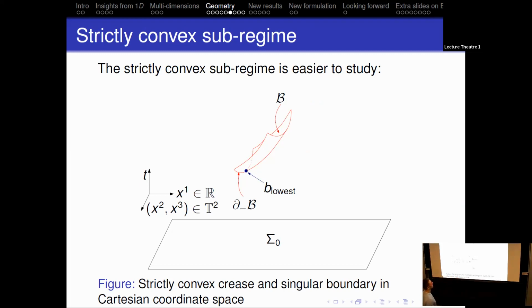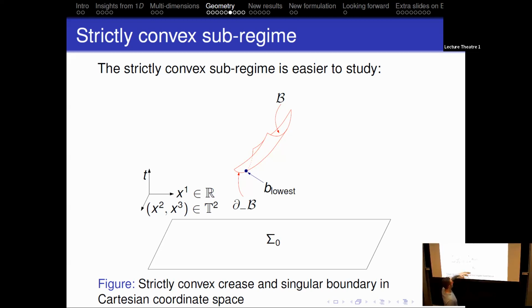So there is a regime of solutions that's a little easier to study. And this is the regime that was first studied by Alinhac. This is the regime where the singular boundary and the crease enjoy some convexity. And in such a regime, for example, there's a unique lowest point on the singular boundary.